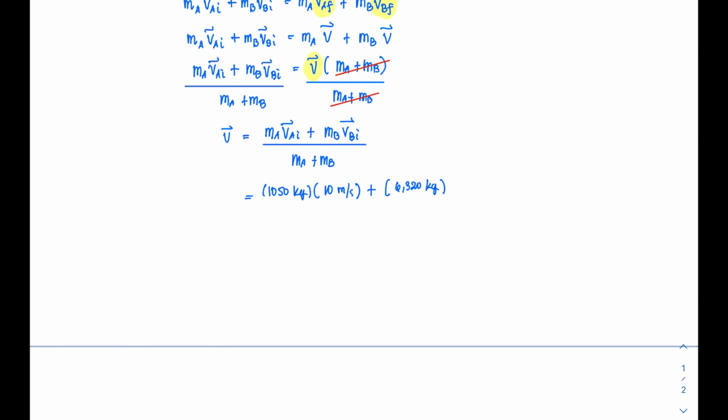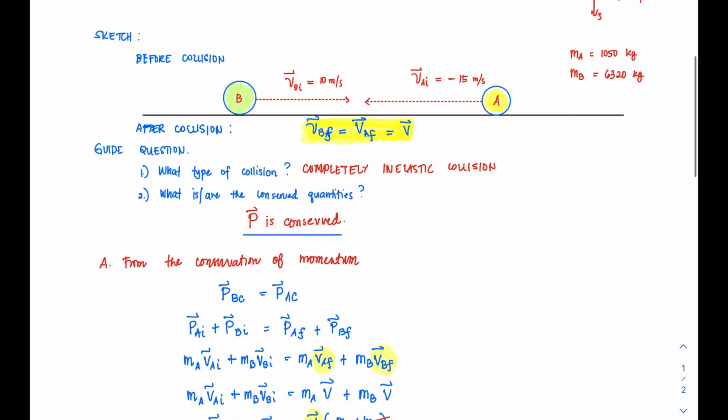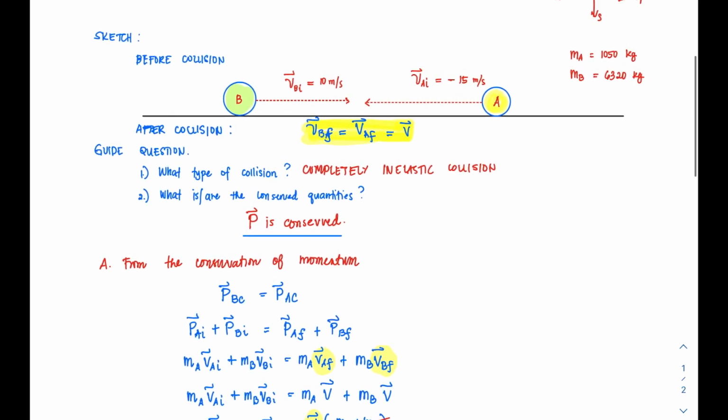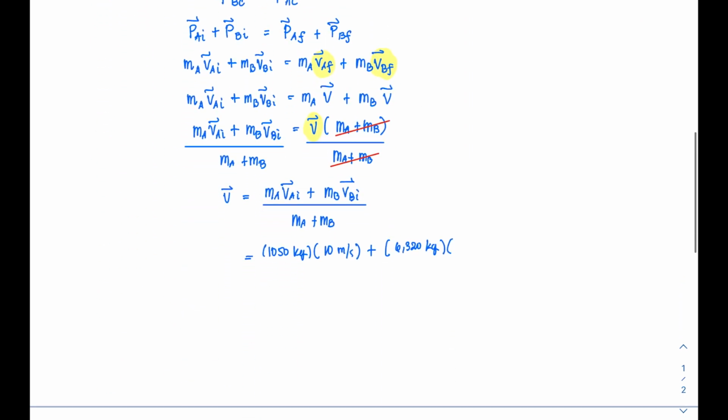Okay, sorry, I actually made a mistake here. The V_Ai is 10 meters per second, however V_Bi is negative 15 meters per second. Imagine if I hadn't noticed that mistake, I would arrive at the wrong answer. So it should be negative 15.